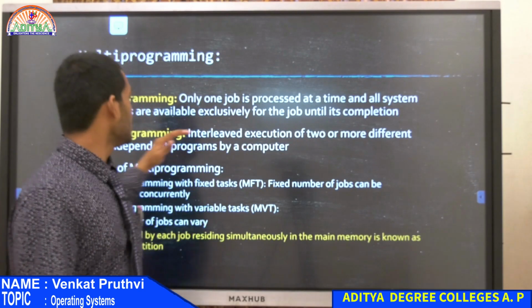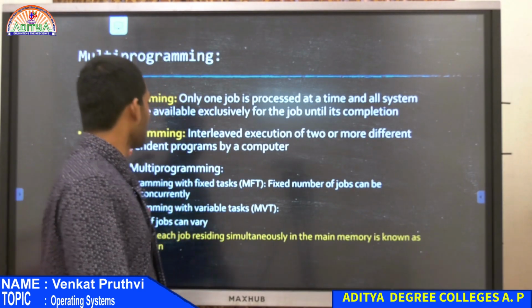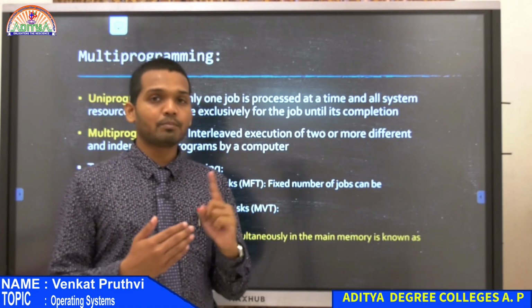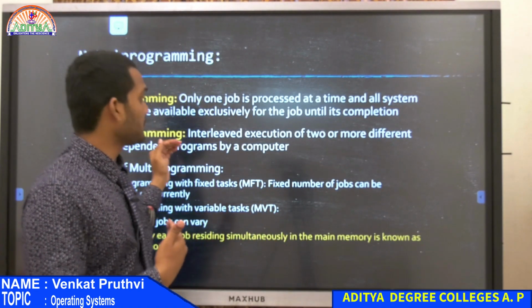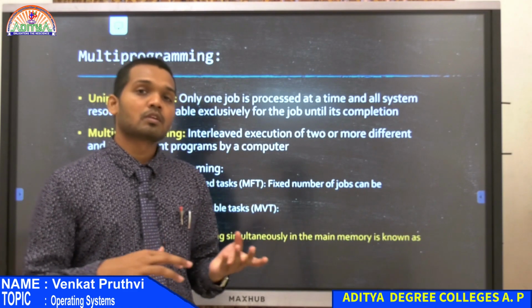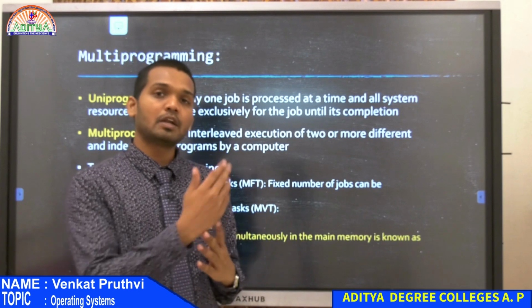Okay. So that's why we came up with a concept called multiprogramming. Initially, we were only able to process or complete one program at a time. Then we started to move towards multiprogramming. In multiprogramming, they were able to give input to the computer for multiple programs.